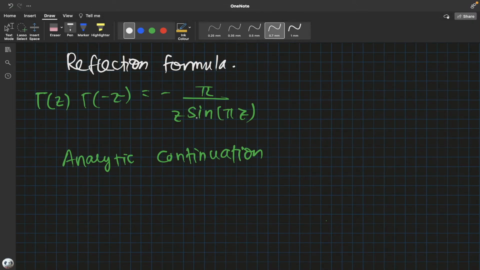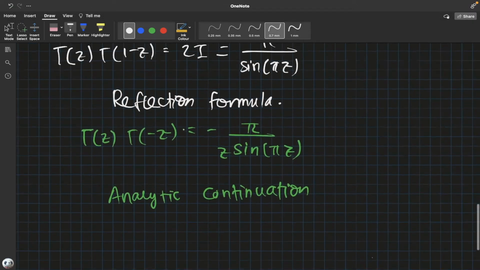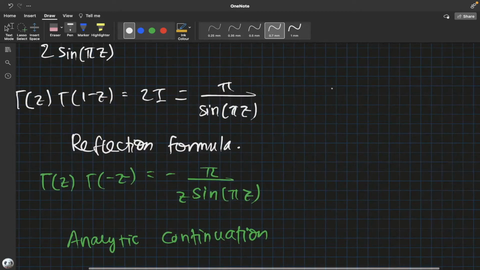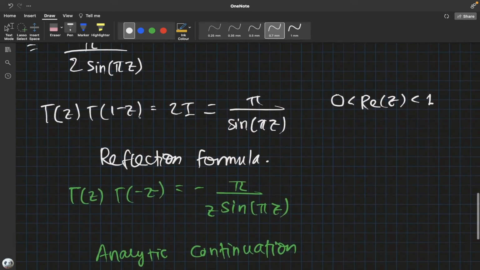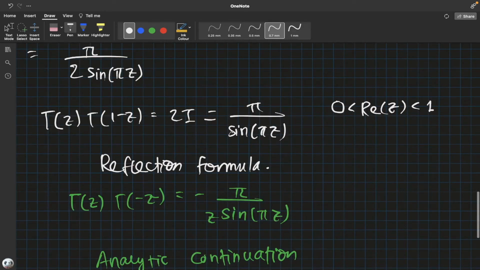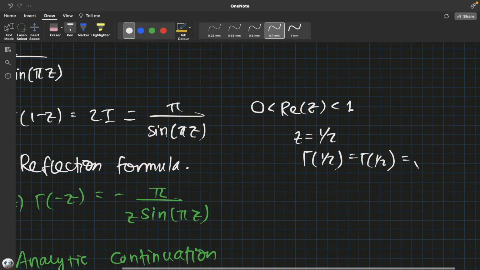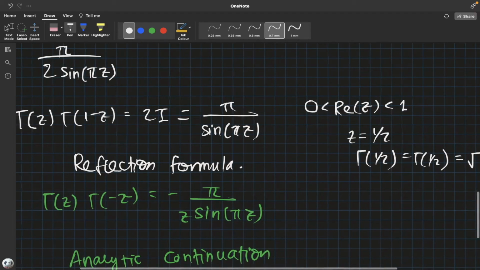So remember, we had this. Since we're in this region of convergence where the real part of z is between 0 and 1, the common value that both gamma of z and gamma of 1 minus z will have is at z equals 1/2, because both of them will be gamma of 1/2, which is the square root of pi, the Gaussian integral.